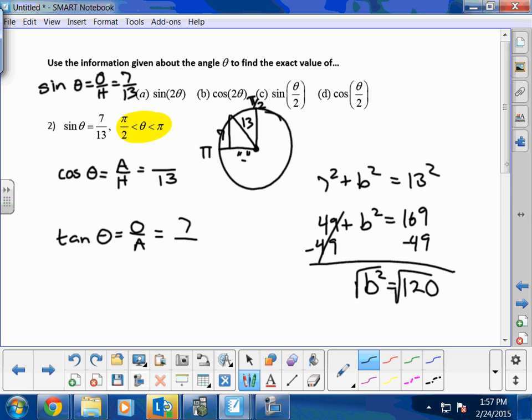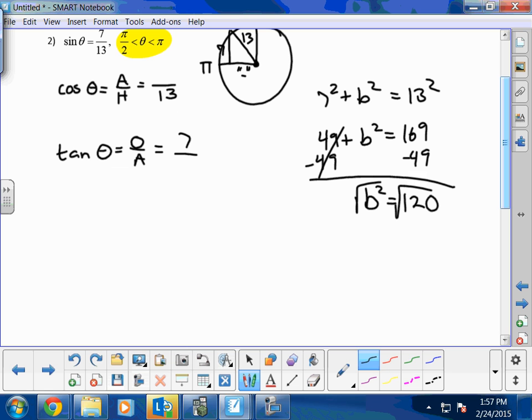Now, when I take the square root of 120, a couple of things are going to happen. First of all, this is plus or minus, so it's going to be minus. But the square root of 120 could be broken up into different parts. What do I mean specifically?